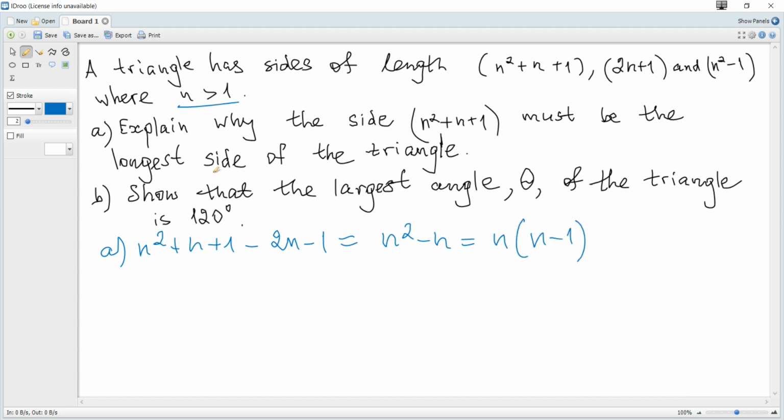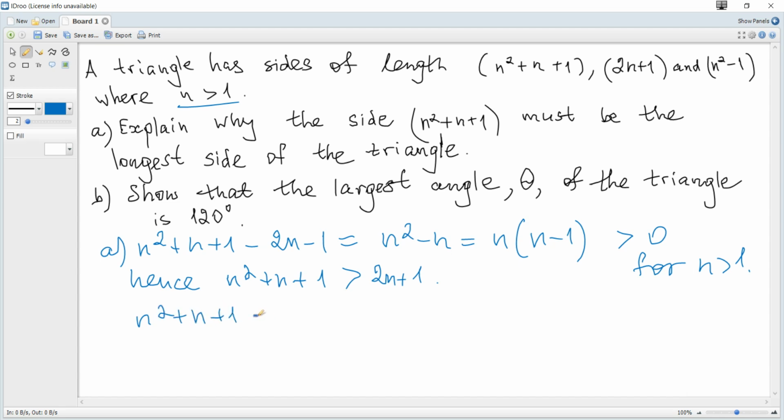Notice that n is greater than 1, so it's greater than 0, hence n squared plus n plus 1 is greater than 2n plus 1. And similarly, n squared plus n plus 1 minus n squared plus 1 becomes n plus 2. It's clear that it's positive for n greater than 1.